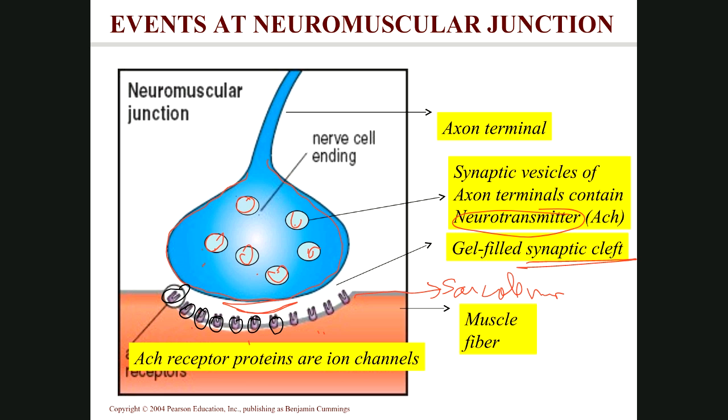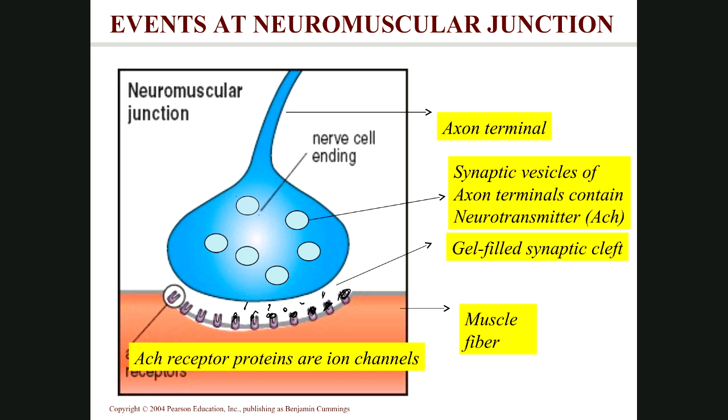Okay, these are ion channels, and the neurotransmitter that is going to be released by the neuron, once it's released, travels into this cleft and binds to the receptors in the skeletal muscle cell.